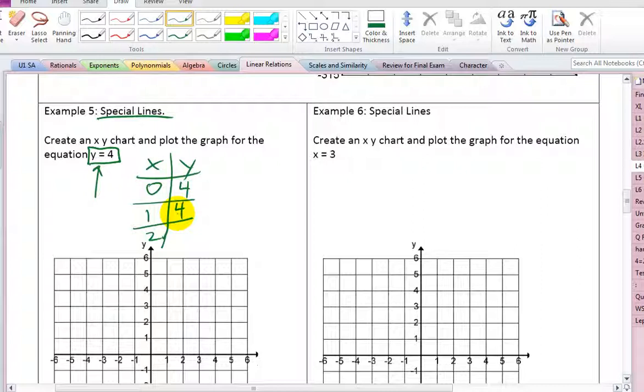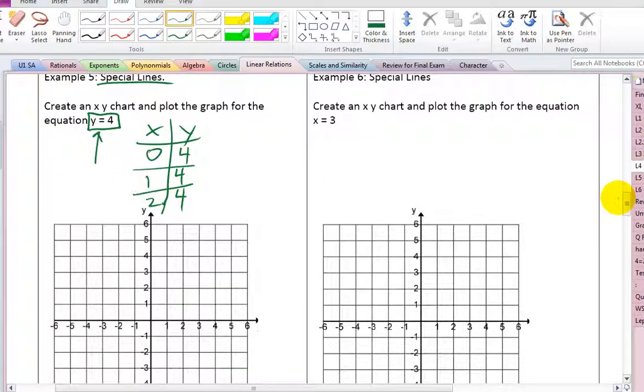X is 2. What does y equal? 4. Graph those points, please. 0, 4, 1, 4, 2, 4.